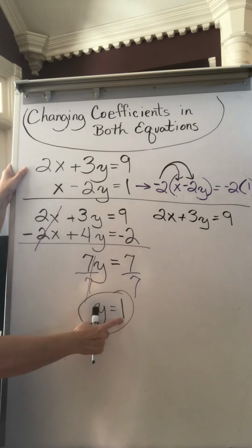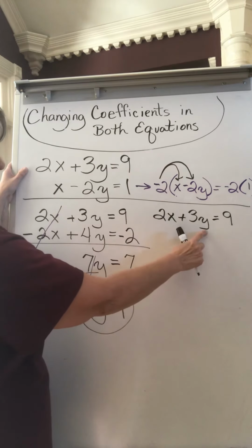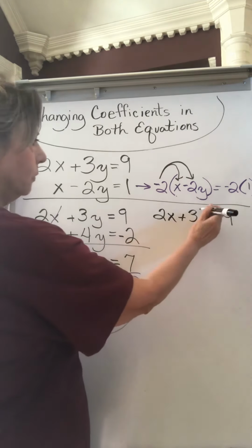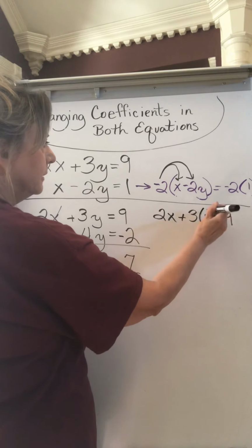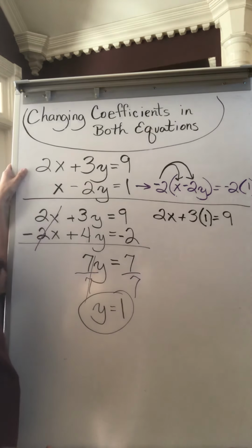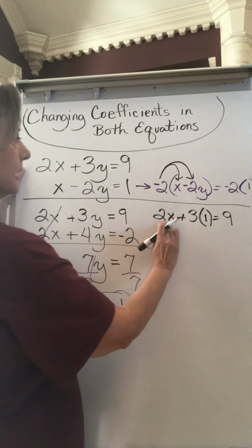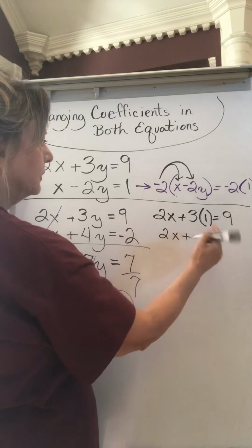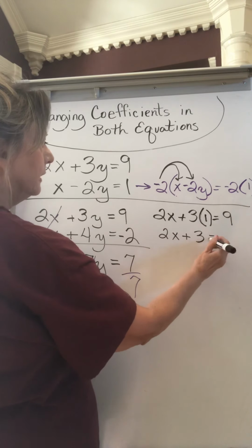I'm going to substitute a 1 for this y right here, okay? Because we know that y equals 1. I'll put that 1 in parentheses to show that I'm multiplying that. So, 2x plus 3 times 1 is 3 equals 9.